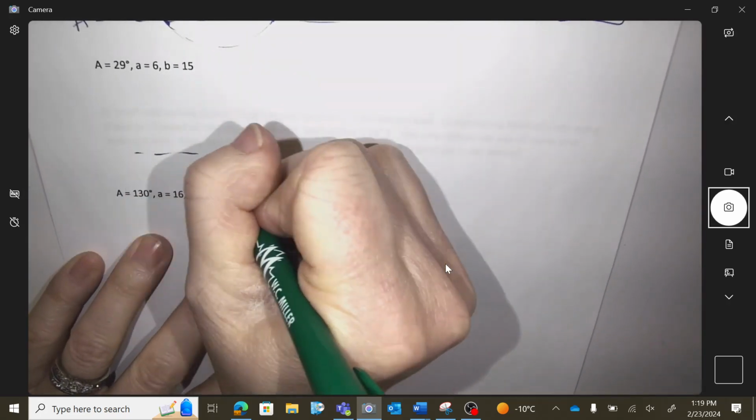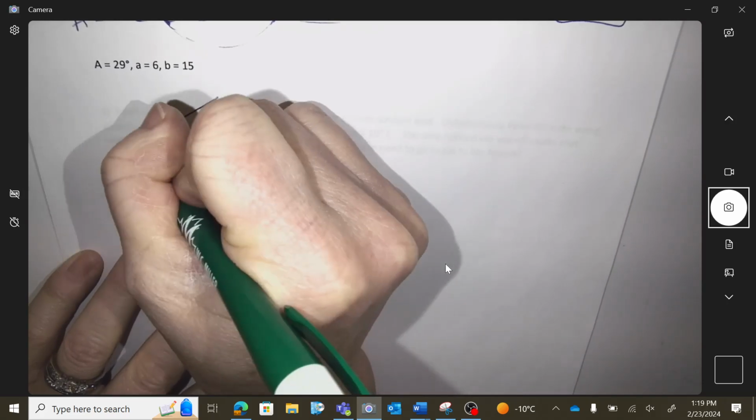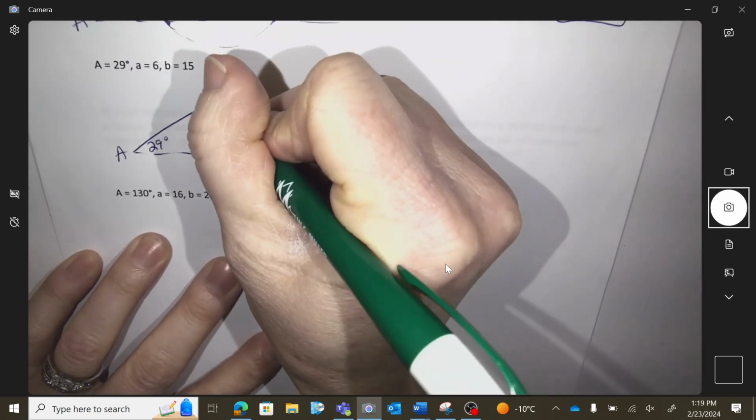So I don't know a side, 29 degrees, 6 or 15 beside it.